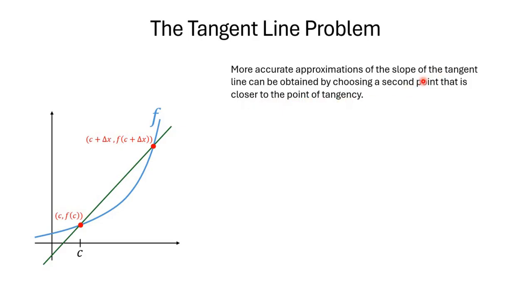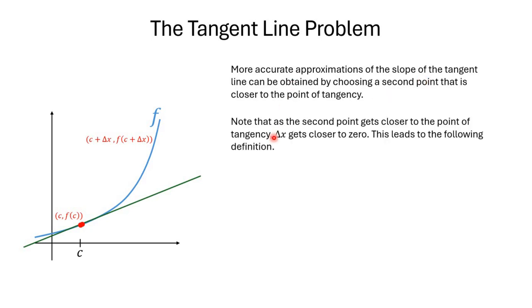As you can see by the illustration there, the closer that second point gets to the first point, the more the secant line is an accurate approximation of a tangent line that wouldn't actually cross the function. You'll also notice that as the second point gets closer to the point of tangency, delta x, which represents the distance between them, gets closer to 0. This leads to the following definition.